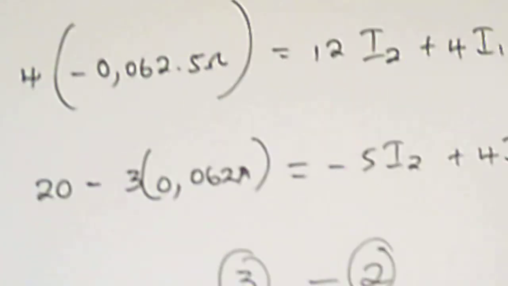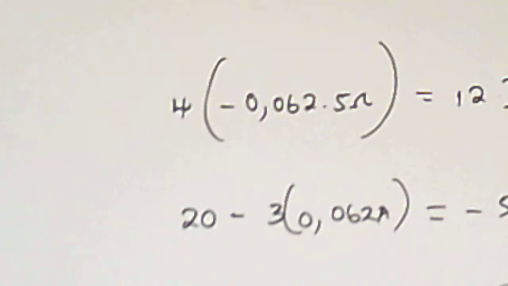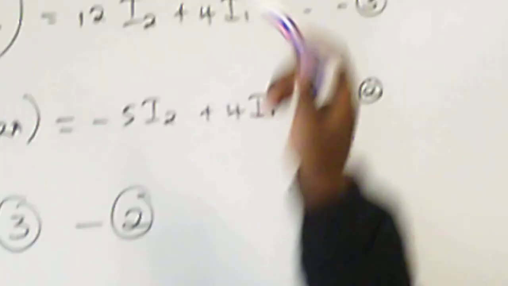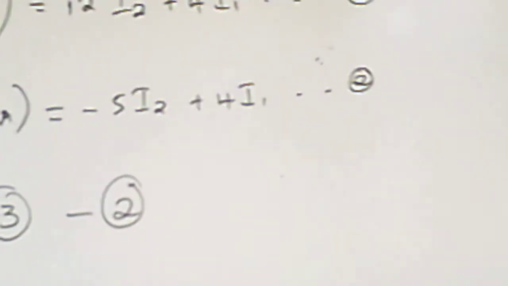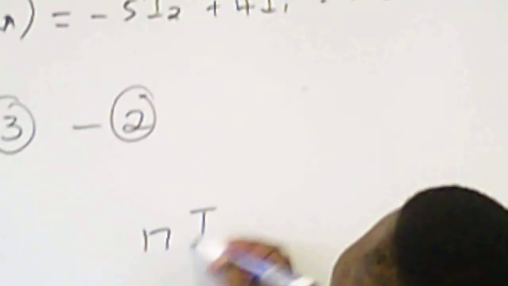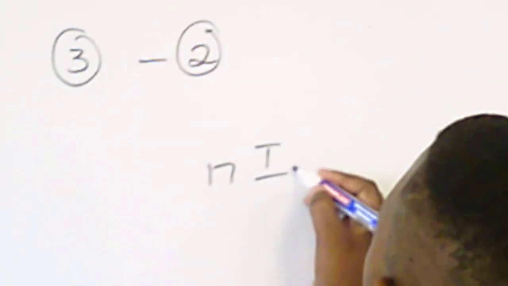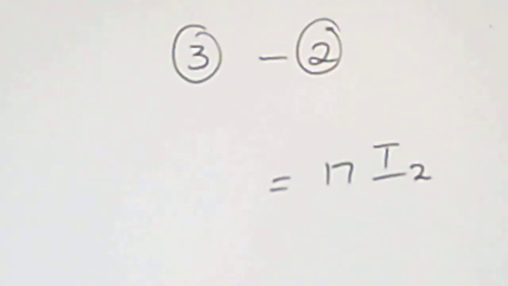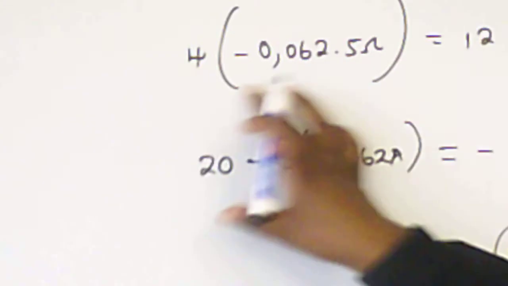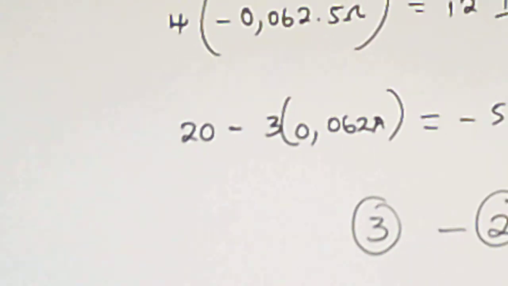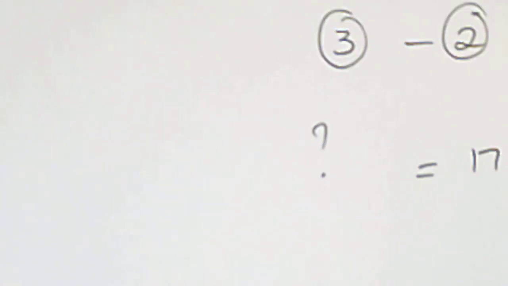Then when you subtract, you are left with only I2, where you say 12 minus 5, it's going to give you 17 I2 on this side. This side I don't have a calculator, that's too bad, but you can multiply and see, subtract, and get the answer.